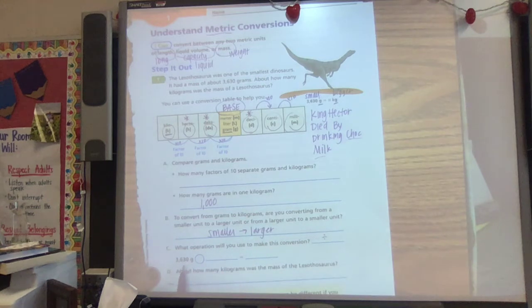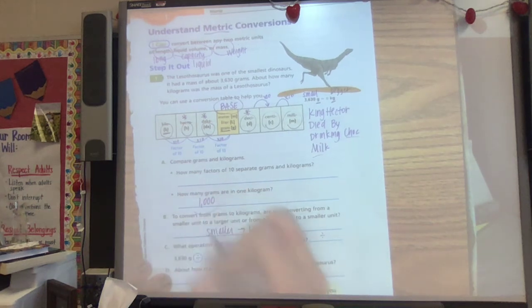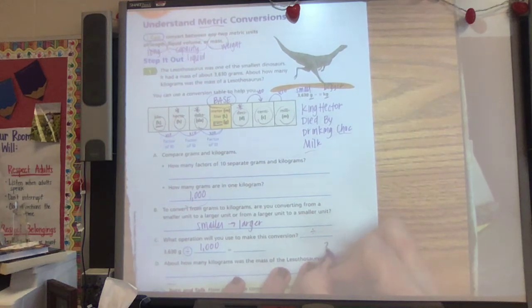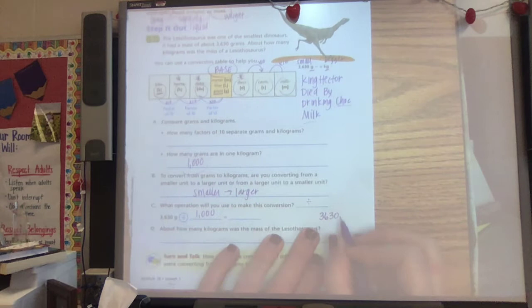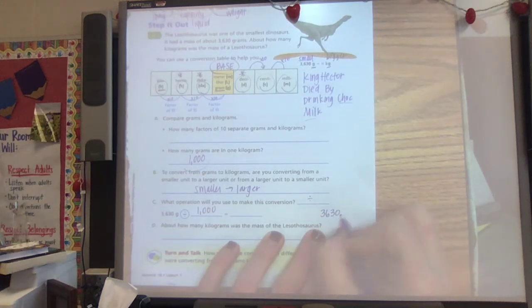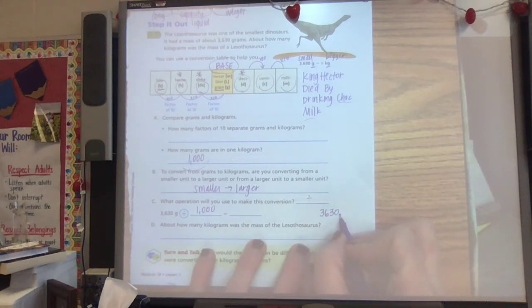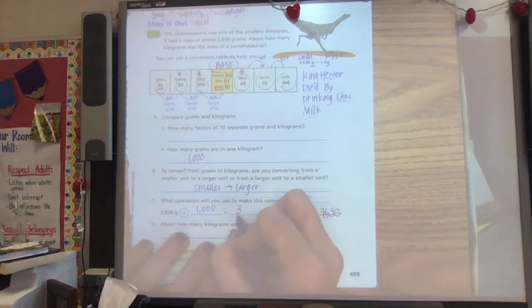So then we're going to show our division sign, and we know that we have to divide by 1,000. One thing that I want to review with y'all is, remember, there's always a decimal at the end of every number. Even if we don't see it, it's there. If we're dividing by 1,000, 10, 100, 1,000, we're going to move that decimal back 3 times.